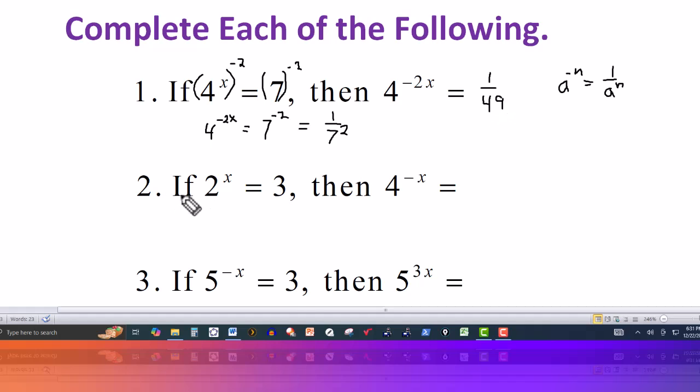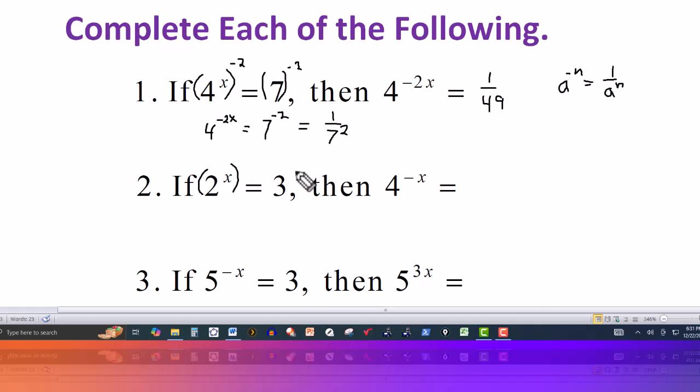Now for number 2, we have if 2 to the x is equal to 3, then 4 to the negative x is equal to what? So in this one, the exponent changed and the base changed. Now we could do this probably in one step, but let's do it this way.